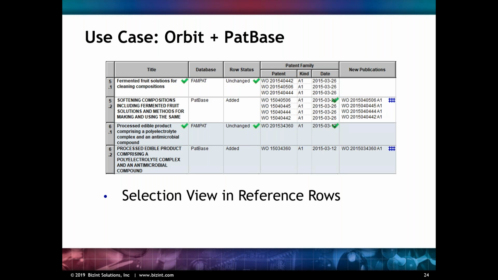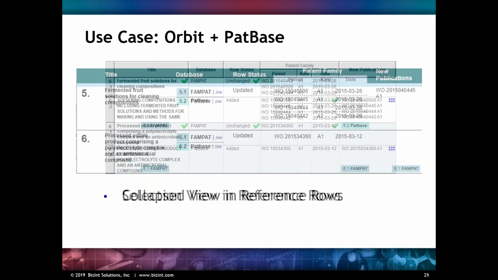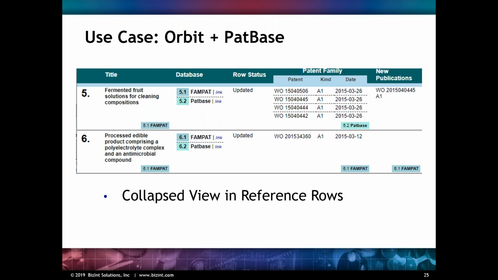So the way that the rule works in reference rows is that all of that accounting, all of that checking back and forth that I just described in words, happens behind the scenes. And our new publications column tells us that we just have one new publication in the set, even though it looked like we had many.